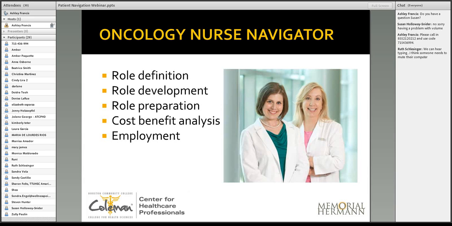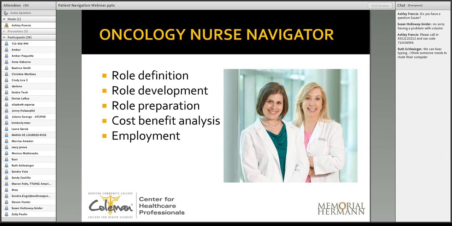Within the Memorial Hermann healthcare system, we expect our navigators to be seasoned oncology nurses, to have oncology certification or to gain it within a certain number of months, and to be primarily a Bachelor of Science in Nursing at minimum.